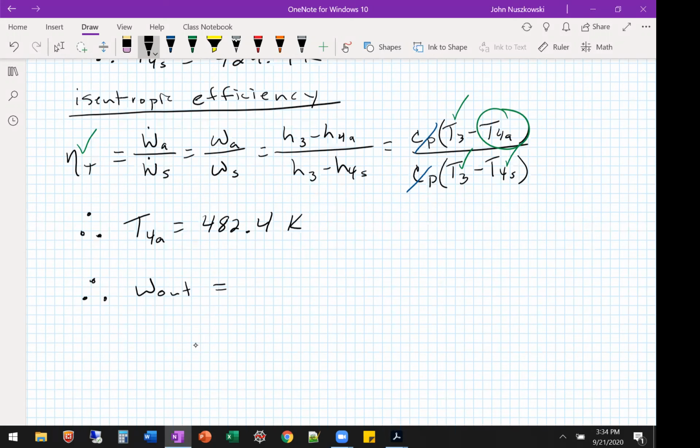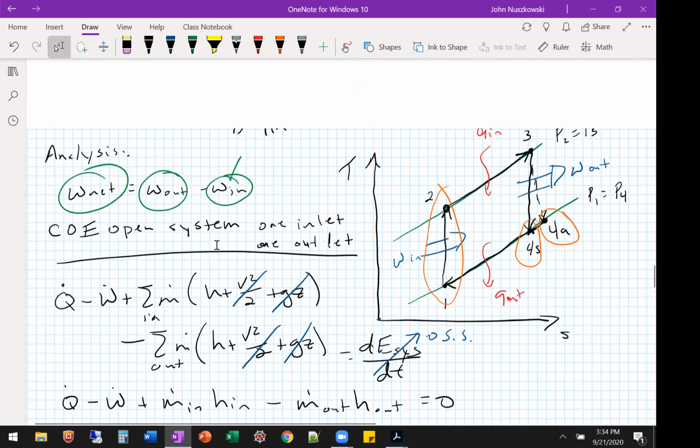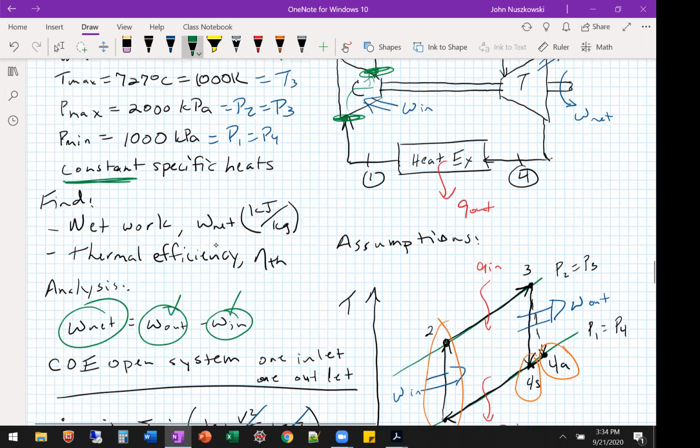Can you calculate it? So we have 520.2 kilojoules per kilogram. And we go all the way to the top, so we can get our net work, just work out minus work in.